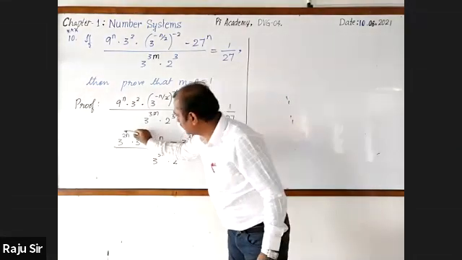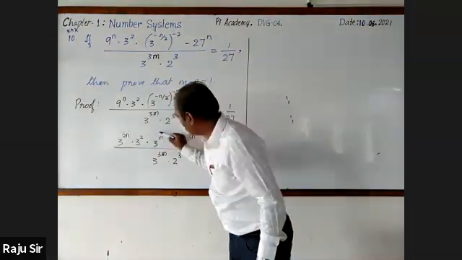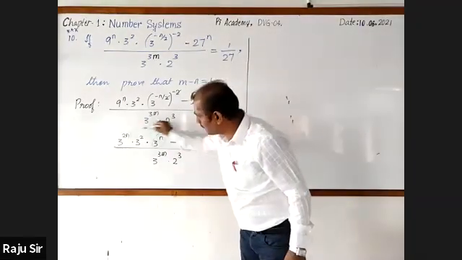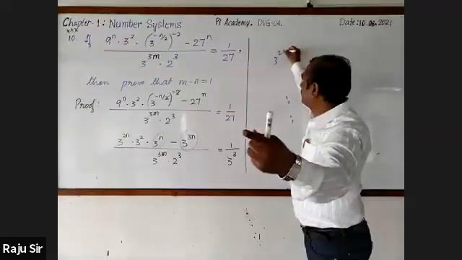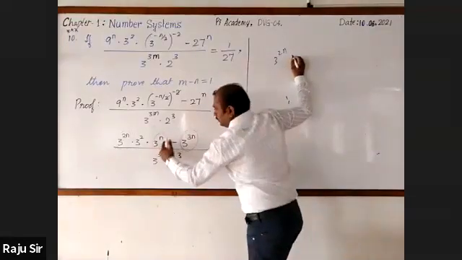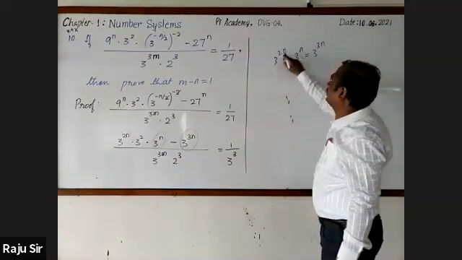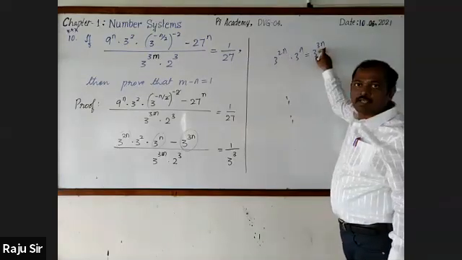Next, here 3 raised to the power 2n, 3 raised to the power n. How much will it be? 3 raised to the power 3n. 3 raised to the power 2n into 3 raised to the power n, we write this as 3 raised to the power 2n plus n, that is 3n.